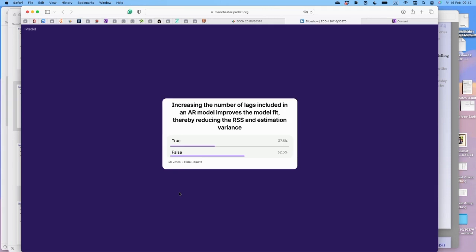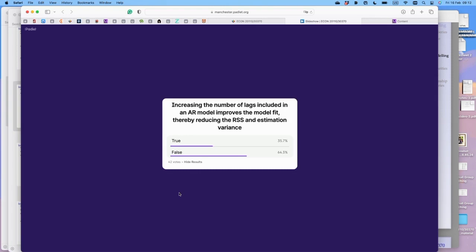Now, the residual sum of squares and the estimation variance are two different things. Okay? The residual sum of squares captures the variation in y that has not been explained by the model, because the residual is the discrepancy between the fitted value implied by the regression function and the actual value of the underlying series.